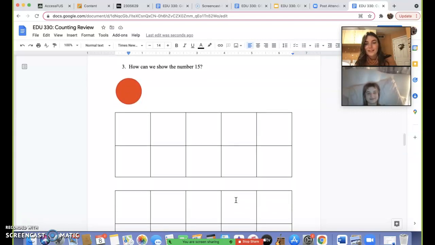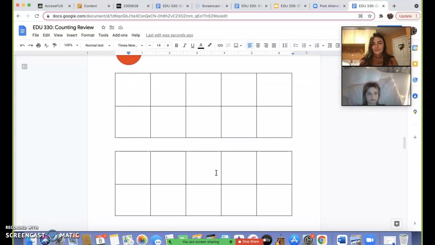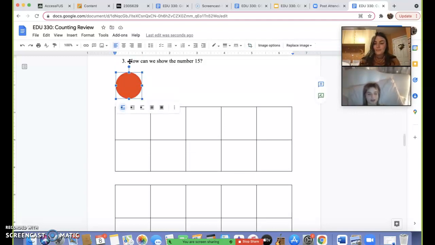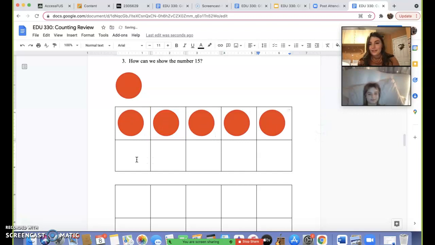Okay. So how can we show the number 15? So we actually have two 10 frames here. So fill the first chart up, every square with the red dot, and then the next chart you'll fill it up with 5 red dots.